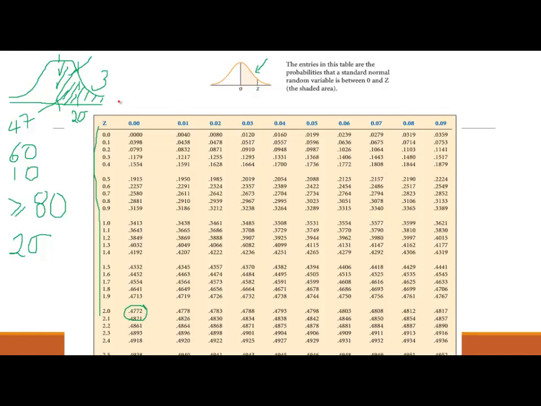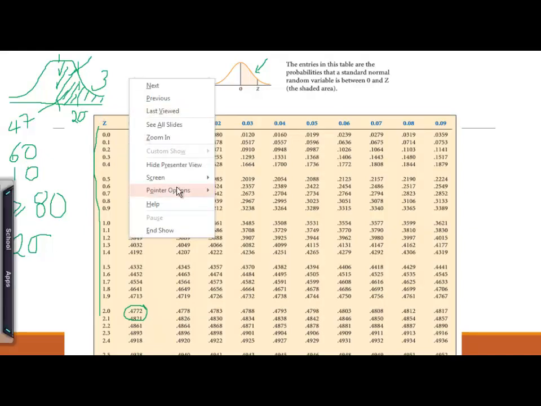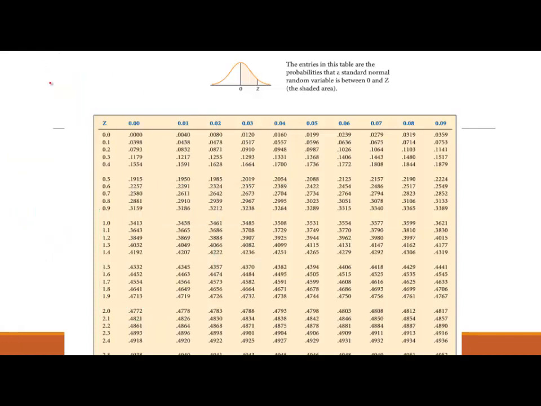Okay, now here's another question. Same question. What is the probability that when the average is $60,000 for a juggler and the standard deviation is 10, just like a second ago, a juggler makes less than $80,000? Okay. All right. So we start with the basic idea.